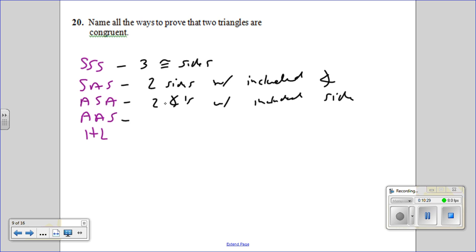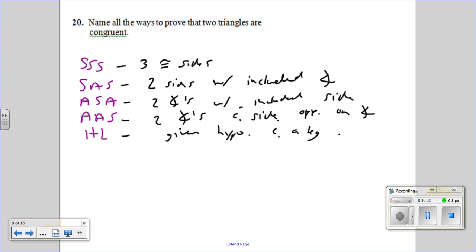On angle, angle, side, you're given two angles and side opposite one angle. And lastly, the hypotenuse leg, you're given the hypotenuse and a leg. HL only works on right triangles, and the hypotenuse is always across from the right angle.